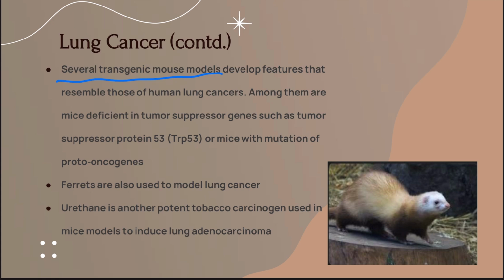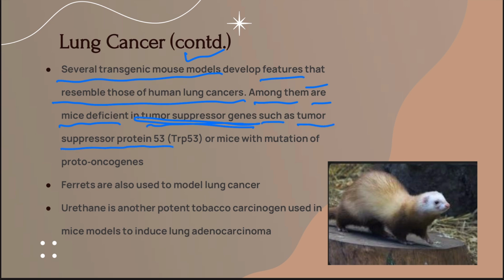So several transgenic mouse models develop features that resemble those of human lung cancer, as I've already mentioned, and among them are some examples, that is mice deficient in tumor suppressor genes, because when it is deficient in a tumor suppressor gene, then it will lead to cancer. So such as tumor suppressor protein 53, that is TRP53, or mice having mutation in the proto-oncogenes, meaning the genes which are responsible to get converted into oncogenes and lead to the formation of cancer.